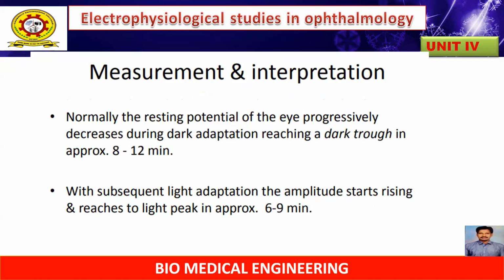When the EOG potential is 0 with the eye position at 0 degree, the person is looking straight. When the eyeball is shifted to the left, the positive cornea becomes closer to the left electrode, which becomes more positive. In that way, we have to understand the test procedure for EOG.